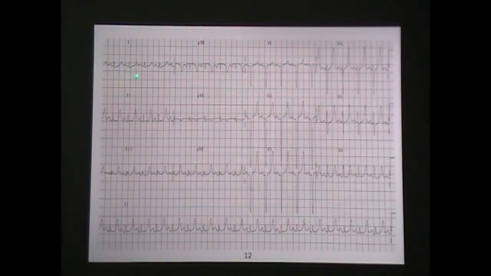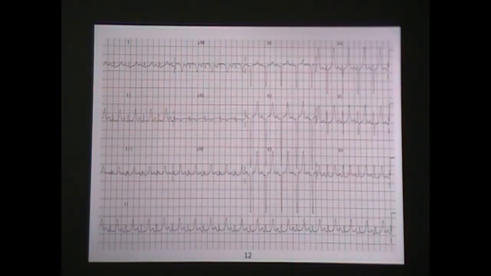So strain pattern, I don't really have a large QRS complex, and it normally gets progressively bigger in the V5, V6 range, so I would probably rule out a strain pattern. But I see over here, I definitely have some peaked T waves. My P wave looks pretty tall, might even be considered peaked. I'd probably say peaked there.